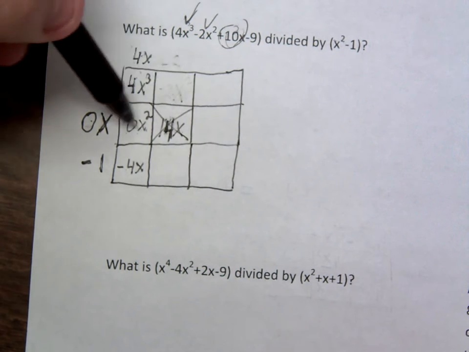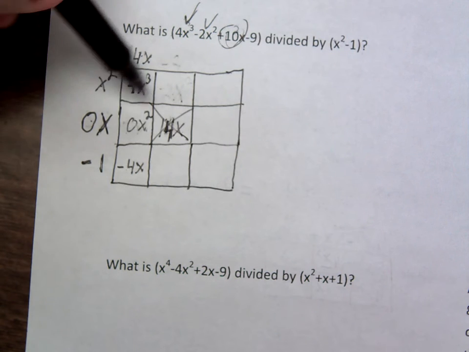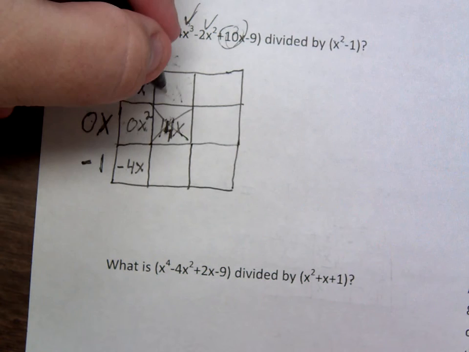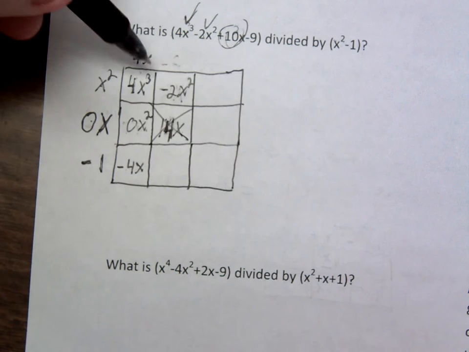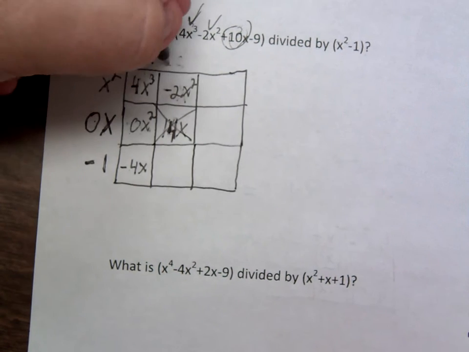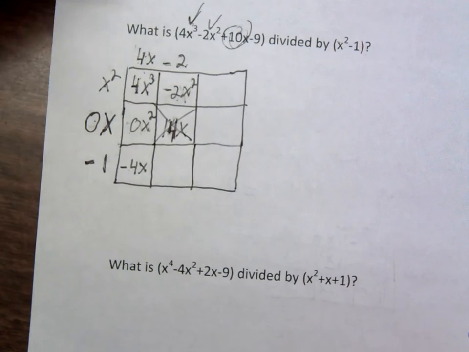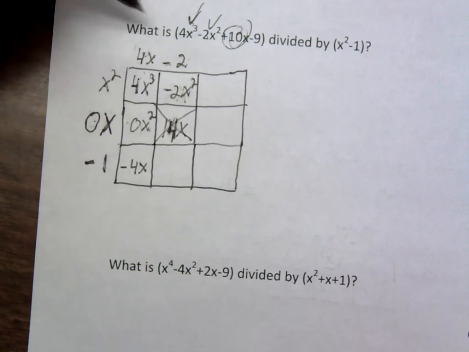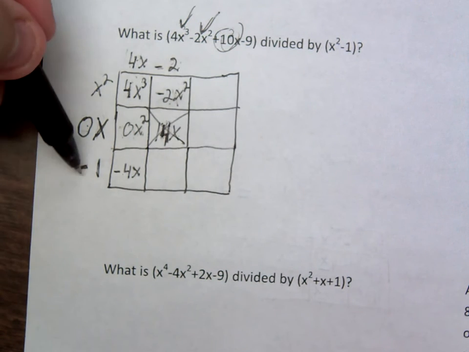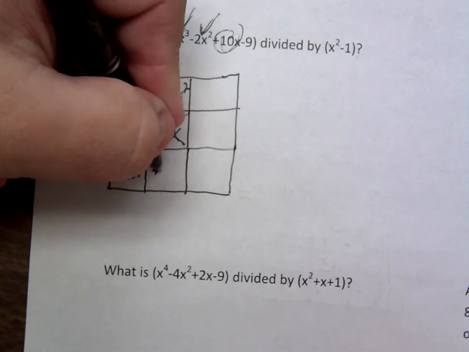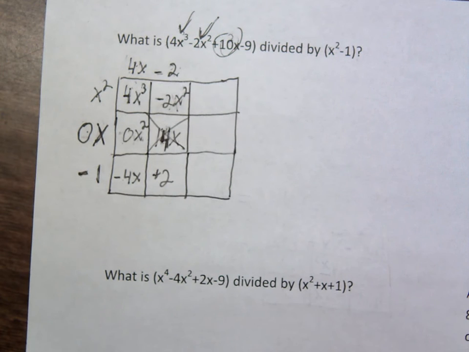The next term should be an x squared term. So we need a -2x squared here. X squared, we already got that, so this should be a -2. Yep, that gives us -2x squared, so that's checked off. And then a -2 times a -1 is a +2. Okay, great.